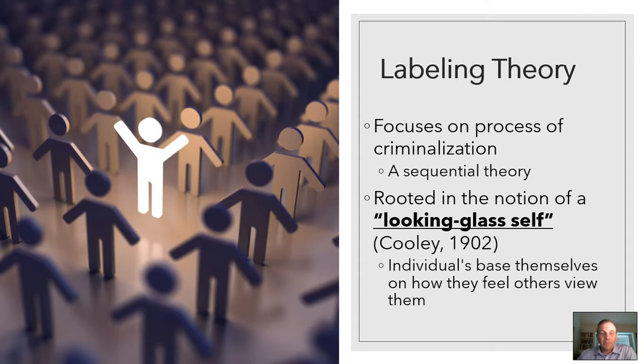It focuses on the process that underlies criminalization. So some might kind of throw labeling theory into a critical criminology or a critical take because it's really looking at how society influences crime.